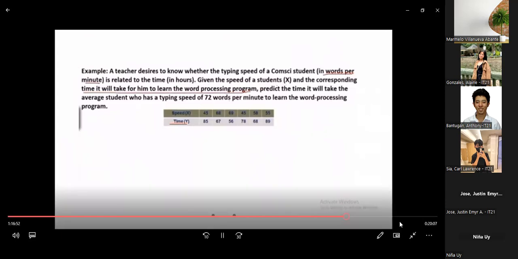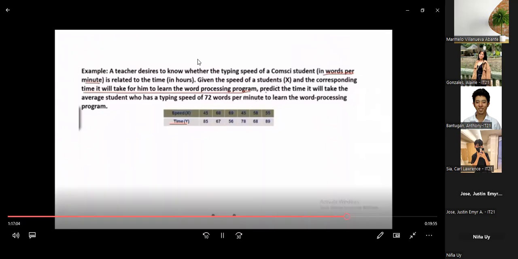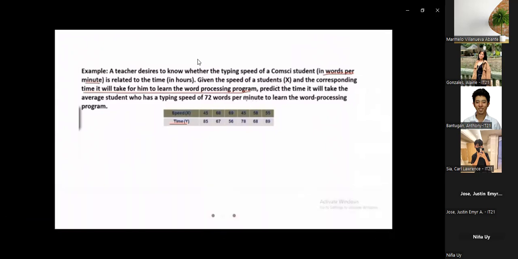Kasi sinasabi dito, predict the time it will take the average student who has typing speed of 72 words per minute to learn the word processing program. So, hinahanap dito kung gaano ba katagal, kung ilang minuto tatagal bago matutunan ng estudyante yung word processing program na may typing speed na 72 words per minute.